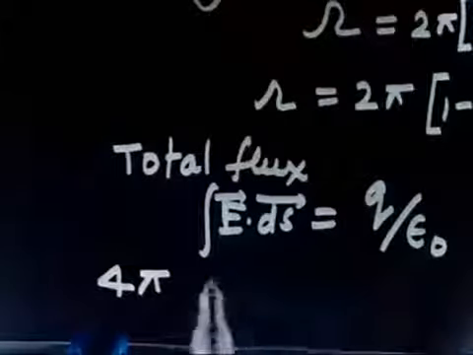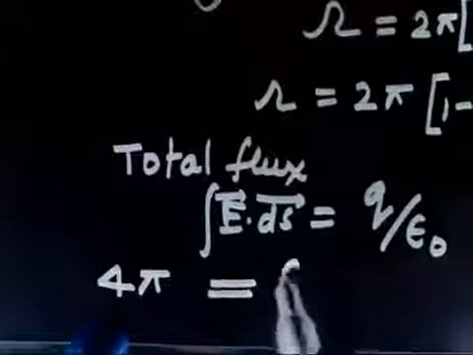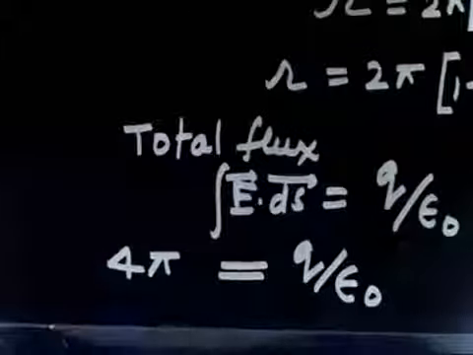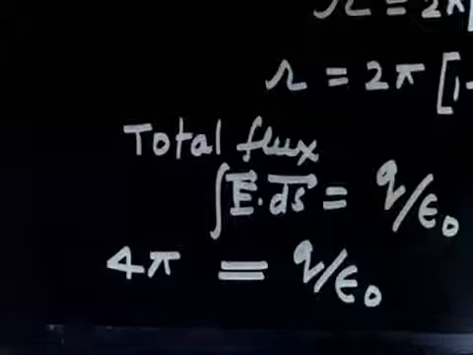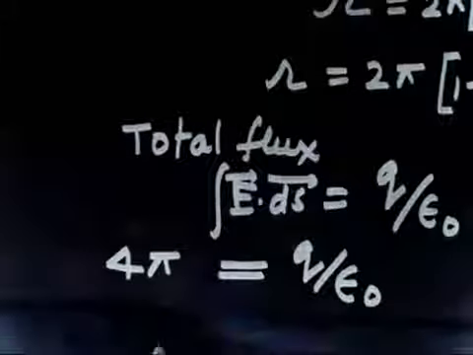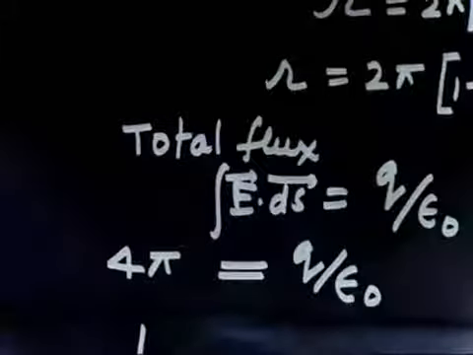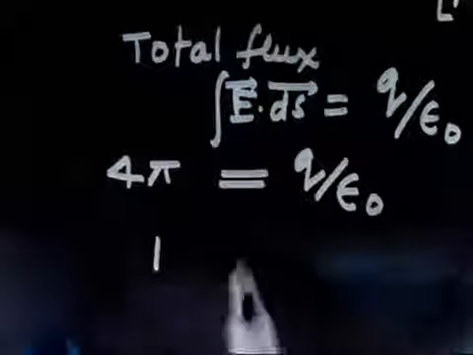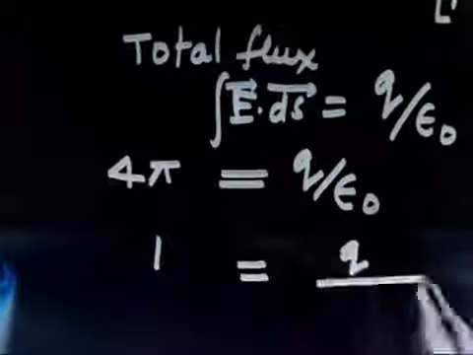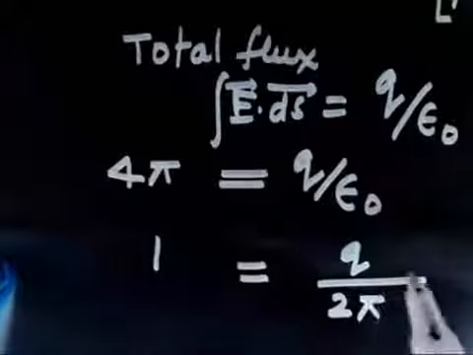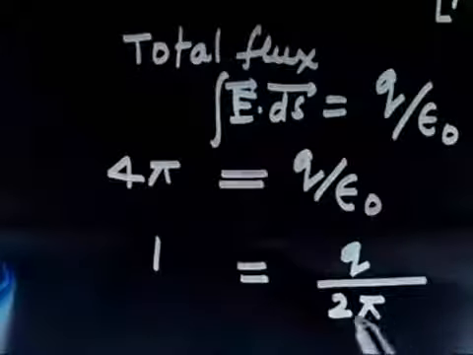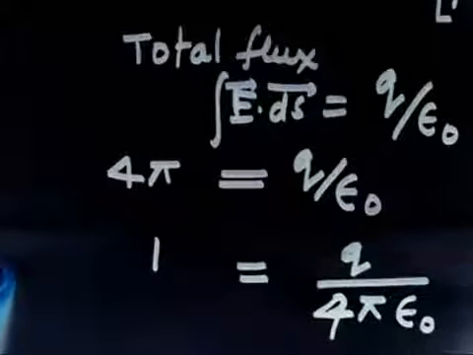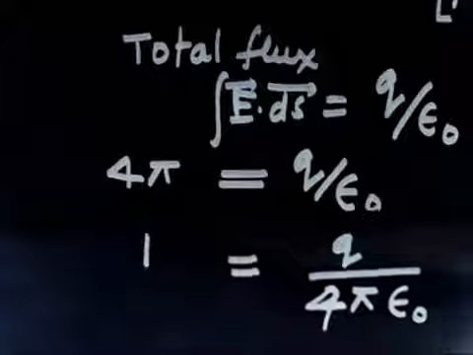When 4 pi is the solid angle, my flux is q by epsilon naught. Are you getting it? So if 1 unit is my solid angle, the flux will be q by 4 pi epsilon naught. And what is the solid angle? 2 pi (1 minus cos alpha).